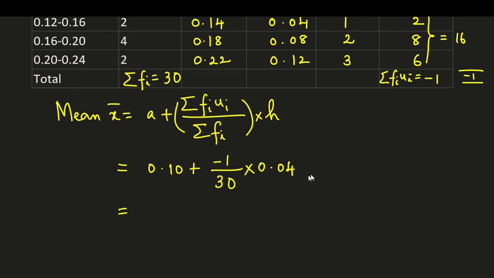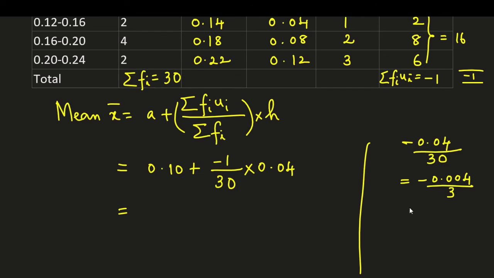We get minus 0.04 and it should be divided by 30. If we divide by 10, we get minus 0.004, then by 3. So we get here minus 0.0013, like that we'll get.